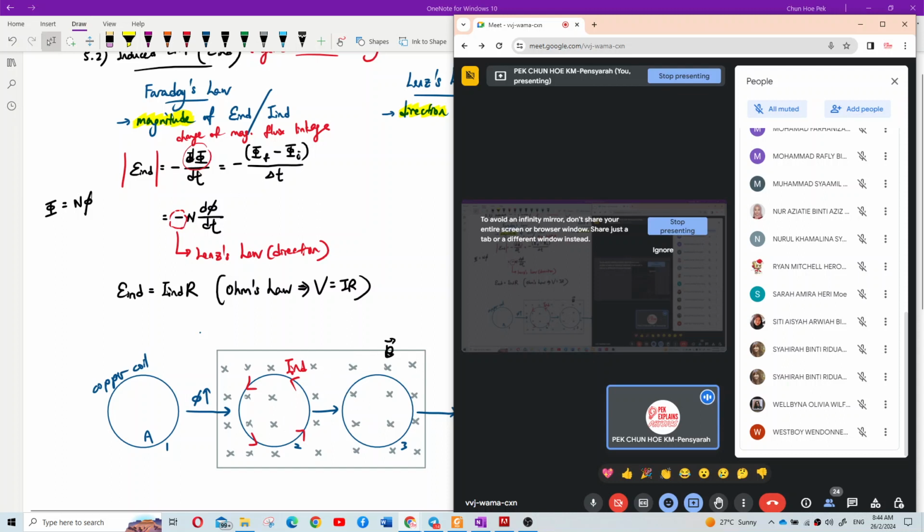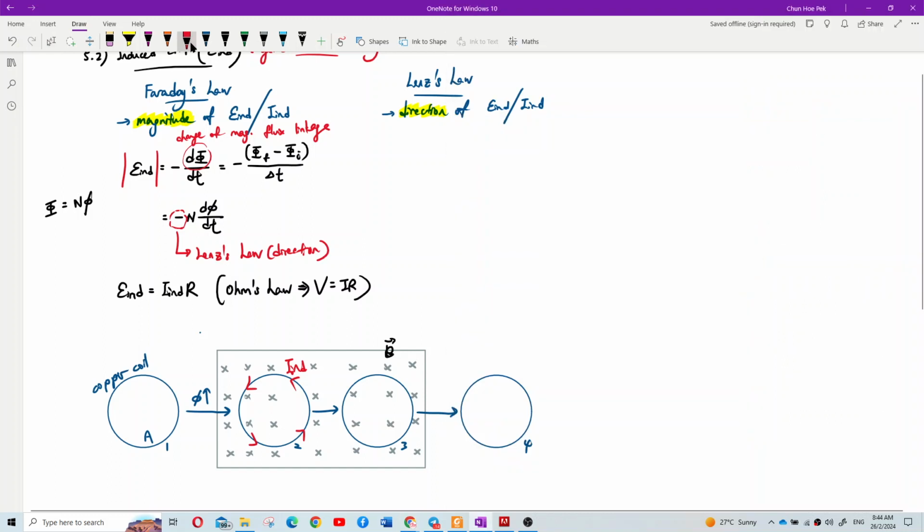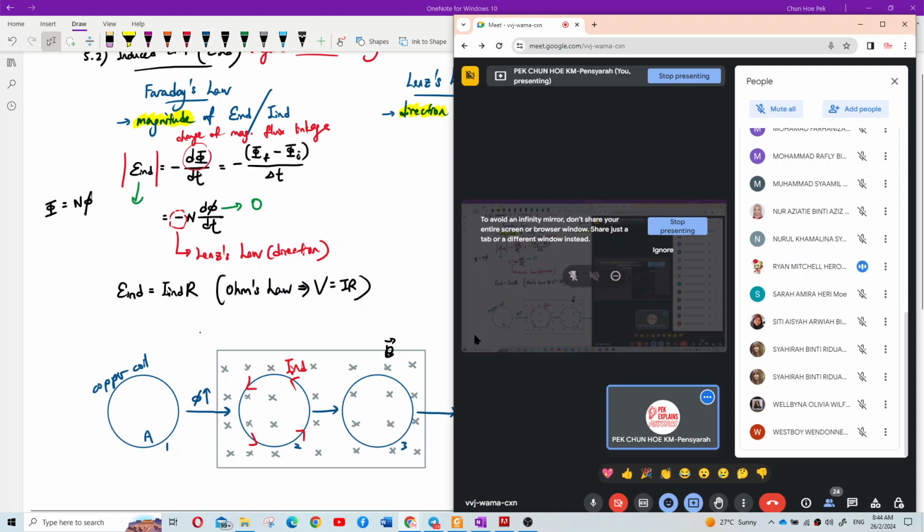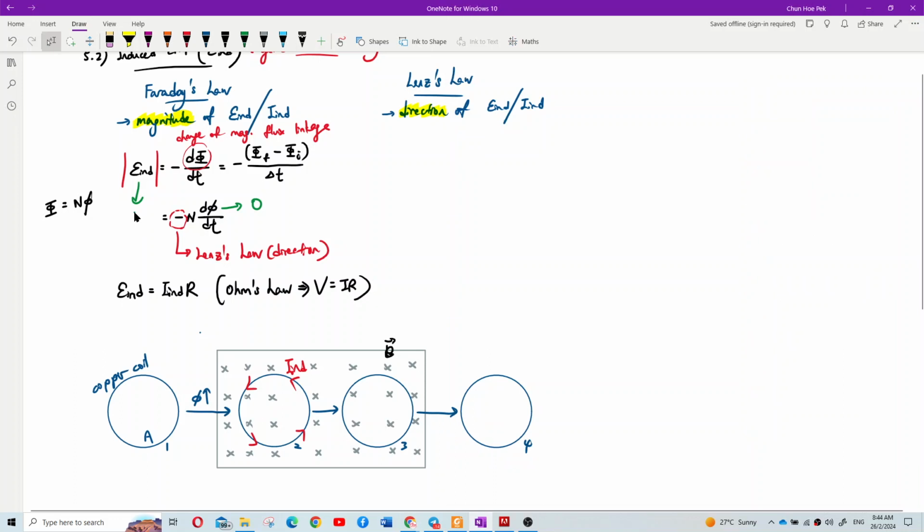Will it generate any electric in the coil? That means if the flux changes, delta phi is 0, what happened to induced EMF, class? What happened? 0. Yeah, 0.